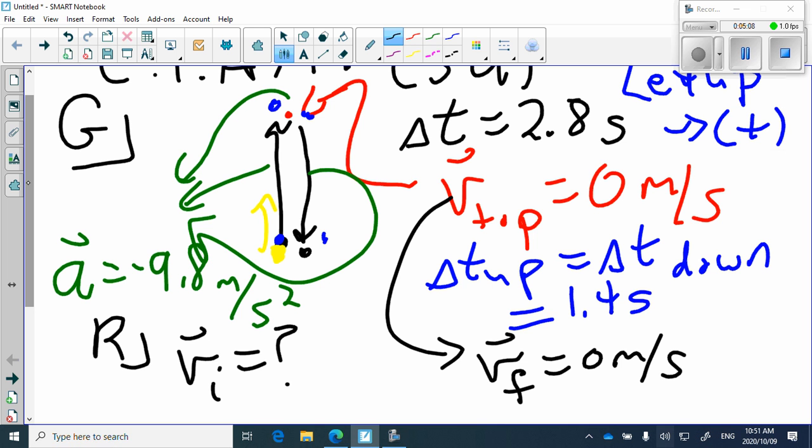If you know final velocity, and you know the time it took to move upward, 1.4 seconds, and you know the acceleration during the trip, is there an equation out there that will allow you to find initial velocity? If you know final velocity is 0, the time expired is 1.4 seconds, and the acceleration is negative 9.8 meters per second squared, does such an equation exist? And of course, the answer is yes, and you can solve for it.